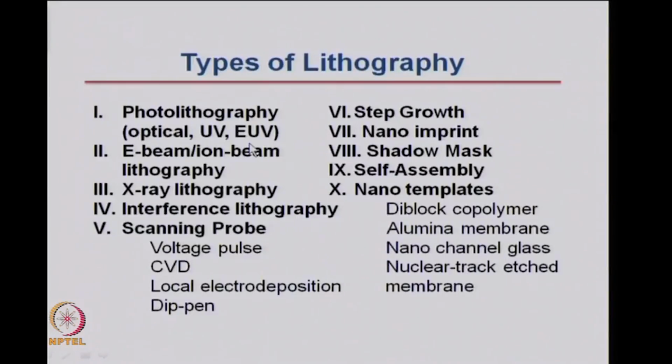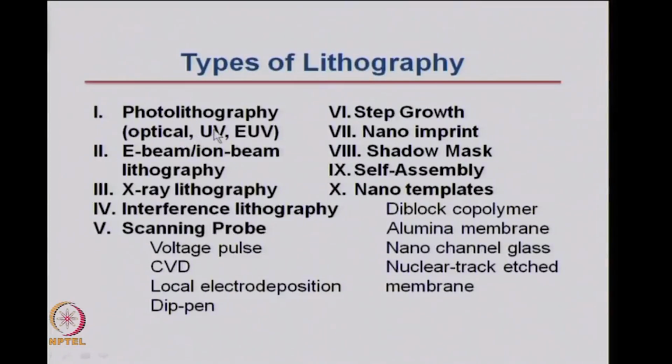If you want to use extreme UV, it is called EUV. That is even lower wavelengths than UV, and lower wavelengths mean higher energy. So, you are going from the visible region to the ultraviolet region to the extreme ultraviolet region, with higher and higher energy of the incident light beam, which can be used for making different types of lithographic patterns.